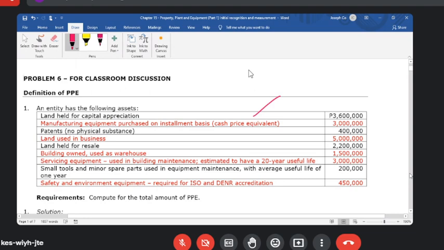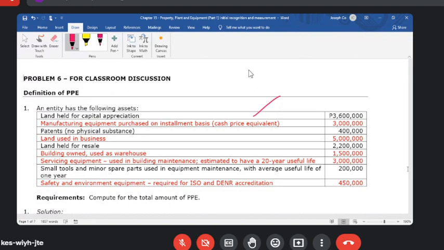Okay, yung 3.6 hindi siya PPE kasi investment property. 3 million, yes. 400 hindi kasi tangible asset, intangible asset. Land used in business, yes. Land held for resale, hindi siya, held for sale po siya. Building owned used as a warehouse, yes.